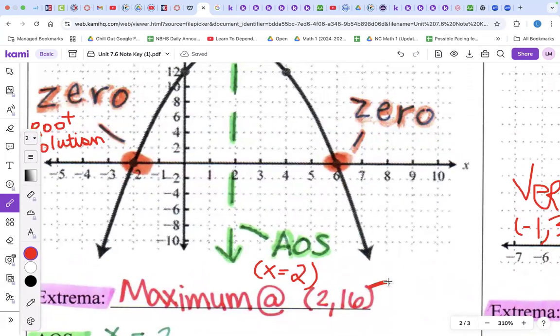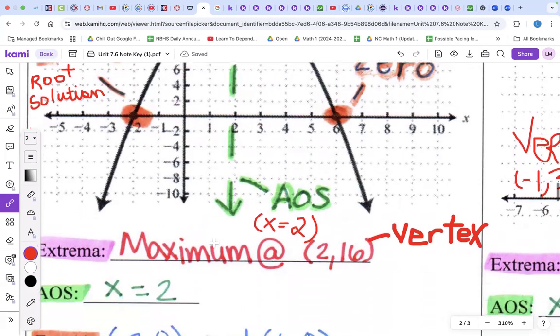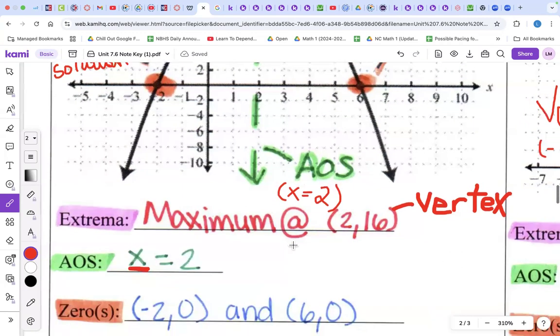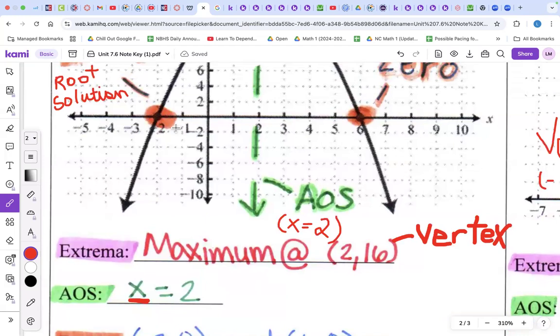And I need you to draw a line and write the word vertex. I need you familiar with that. Axis of symmetry, you must put x equals 2. And your zeros, it's where it's crossing the line.